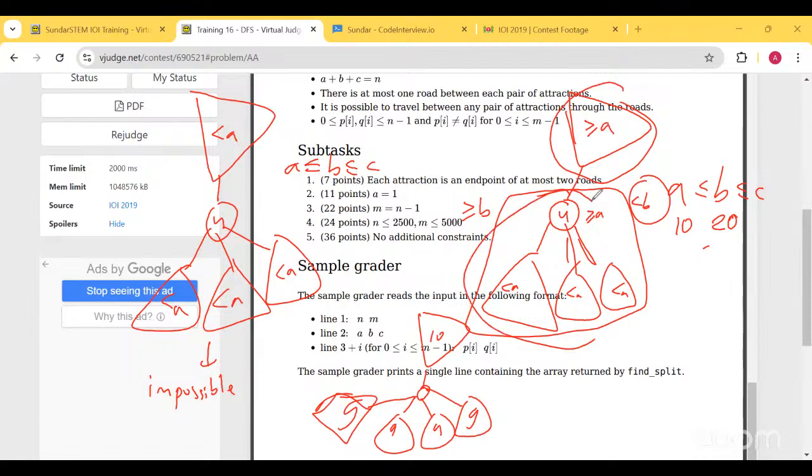So we can choose A here. And is this always greater than or equal to B? The answer is yes. How to prove that? So if this is less than or equal to B, it means this is n minus B, right? And do you know what is the maximum value of B?